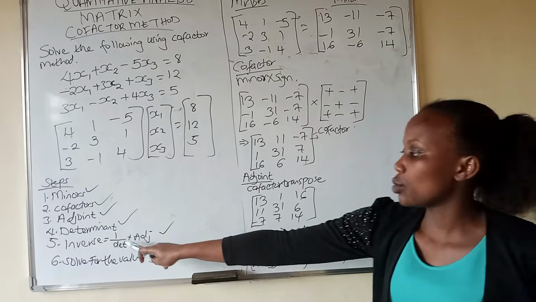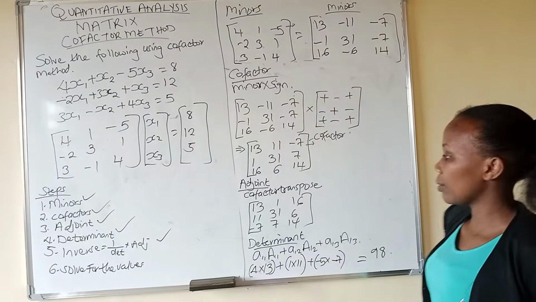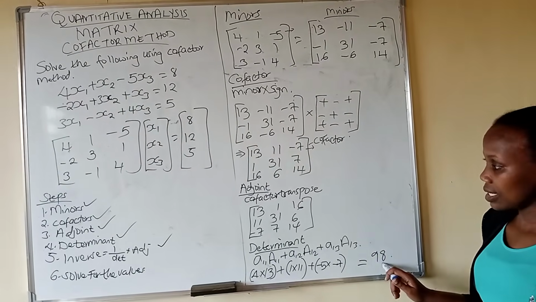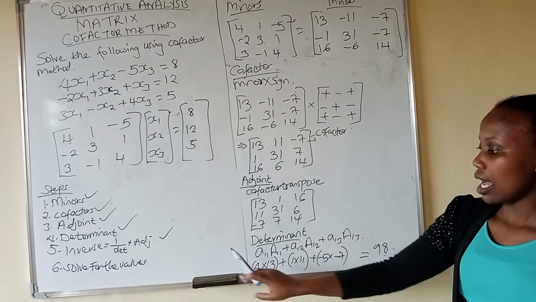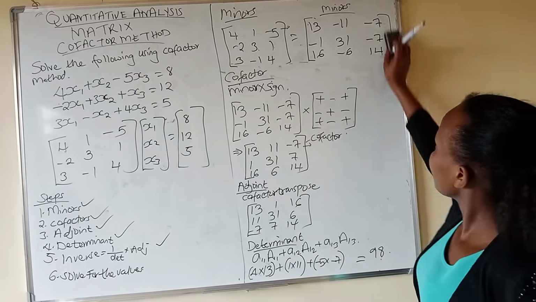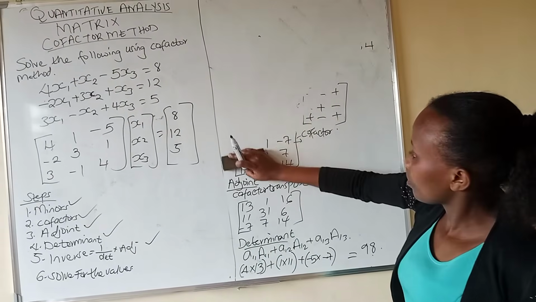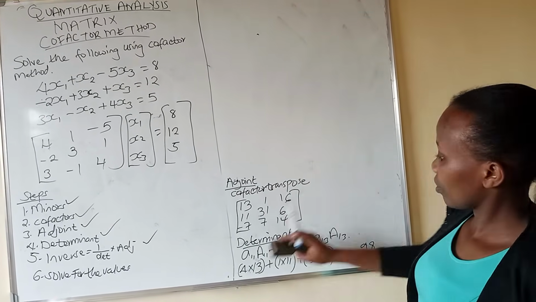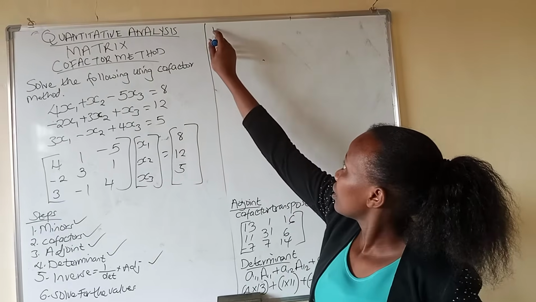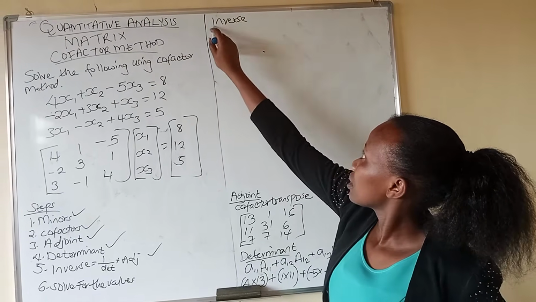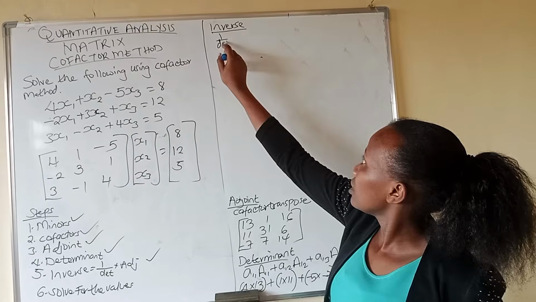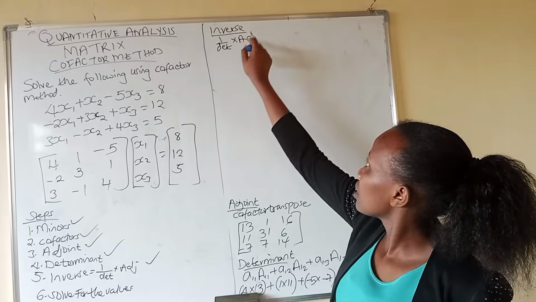In the inverse, it's usually 1 over determinant, and you multiply now with the adjoint. Meaning the inverse is 1 over determinant times adjoint.